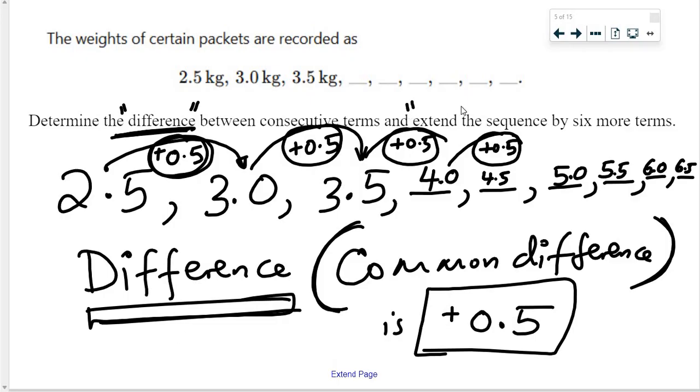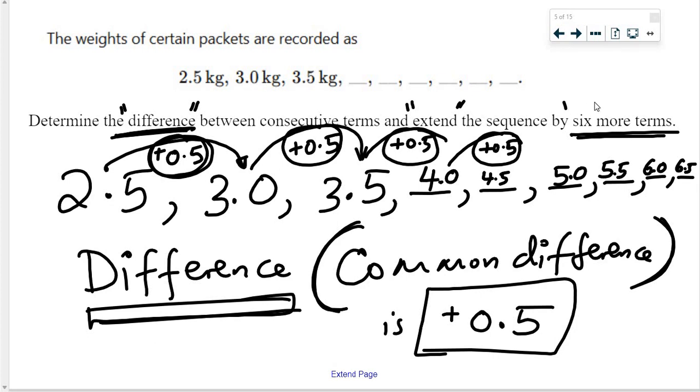And extend the sequence by 6 more terms. The 6 more terms immediately after 3.5, because we know how the pattern extends. It goes by the rule 2.5 to 3.0 is add 0.5. So we keep adding 0.5 to infinity.